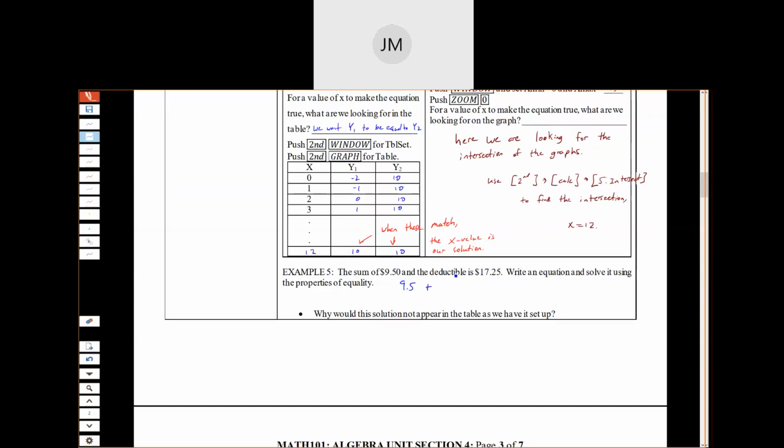And the deductible, I don't know what the deductible is, so I'm going to call that x. Okay. Is means equals. And then I have 17.25. Okay.